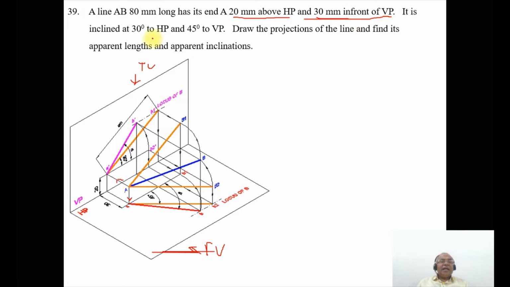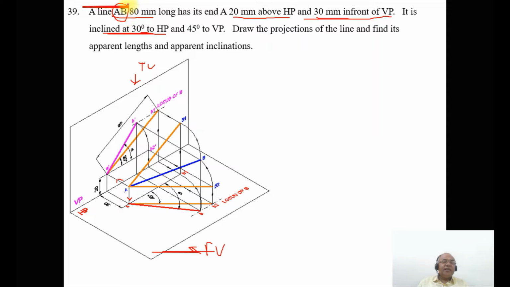It is inclined at 30 degrees to HP. Which is the line which is inclined? A line capital AB. According to my introduction of lines, when you go through those videos, line capital AB means it is always the true length of the line.